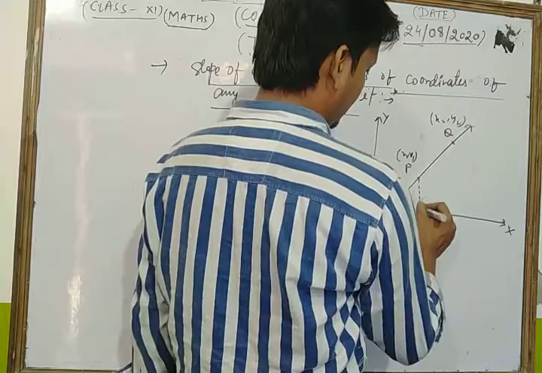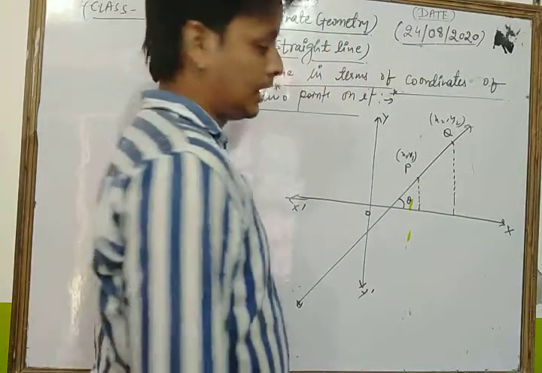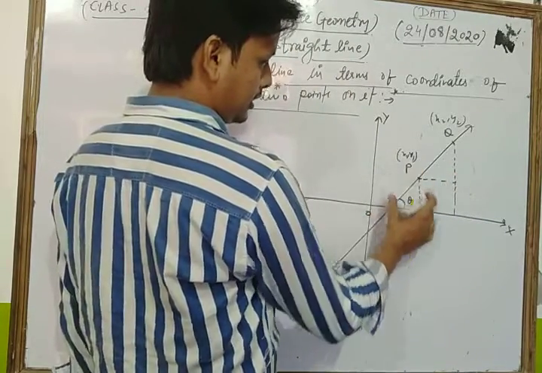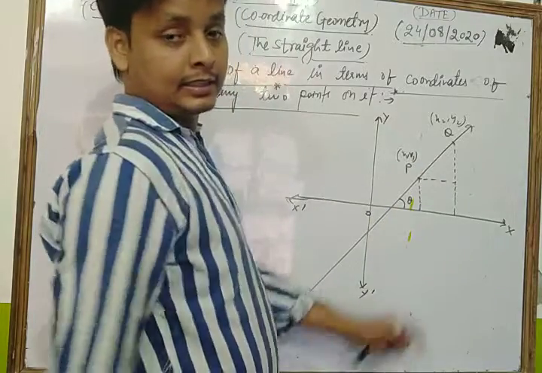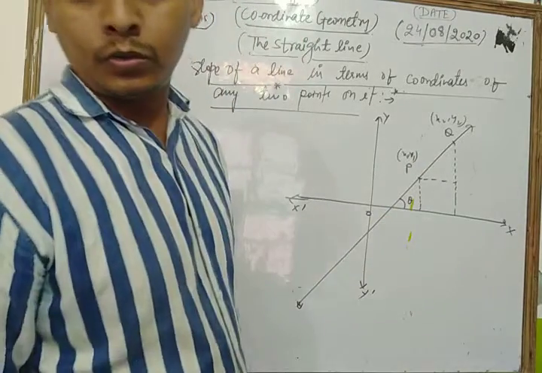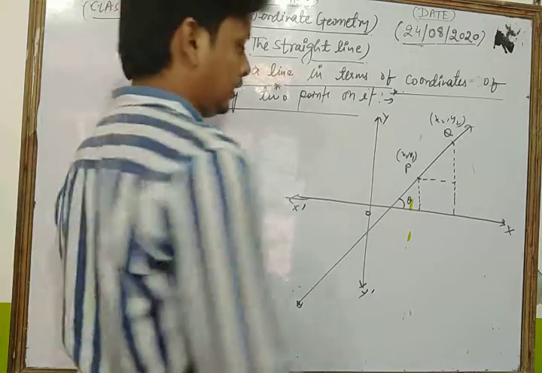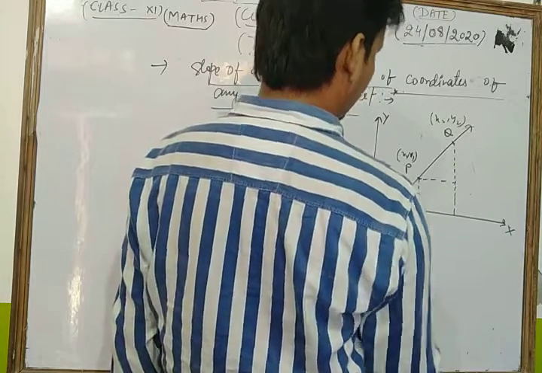Then if we draw in this way, the coordinate of P is x1, y1, so this distance is x1, and here x2.